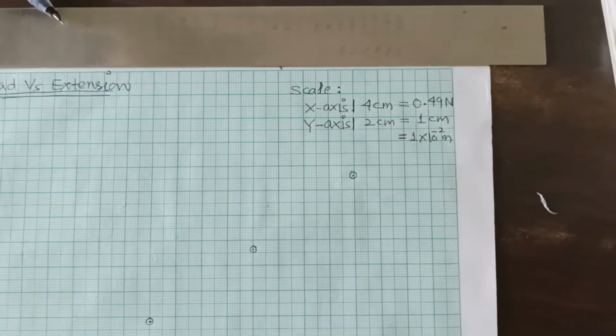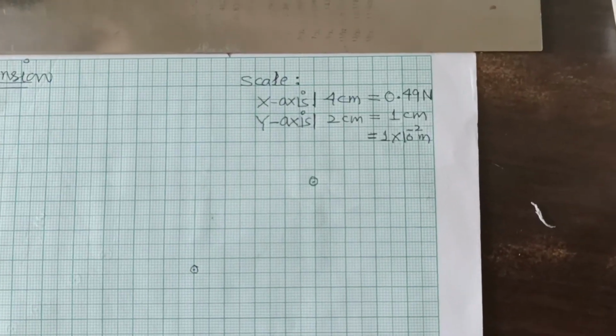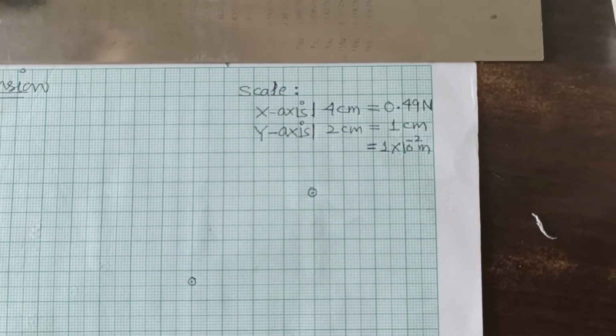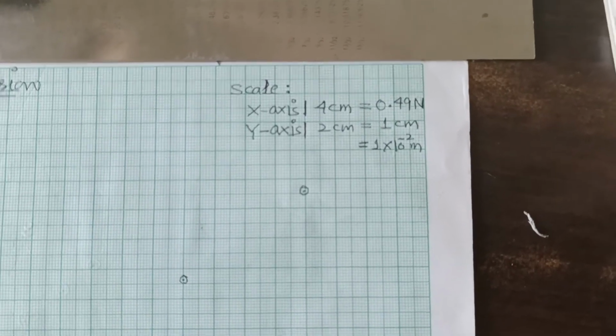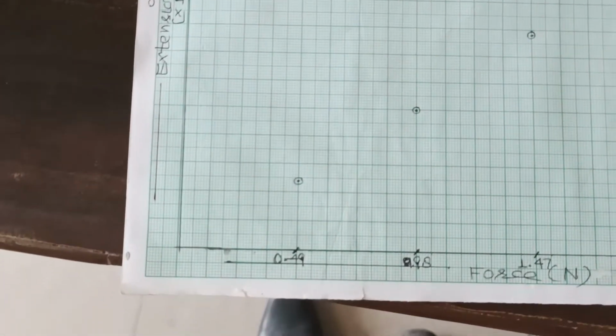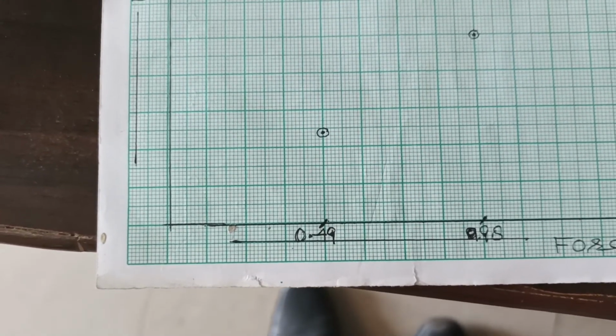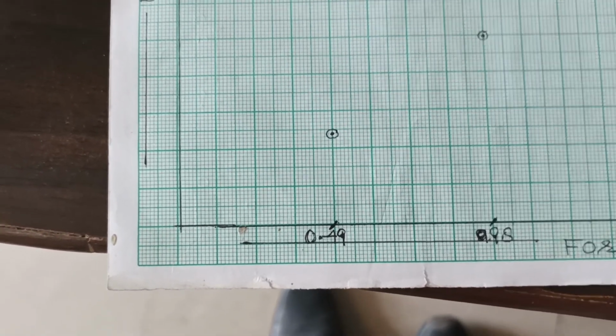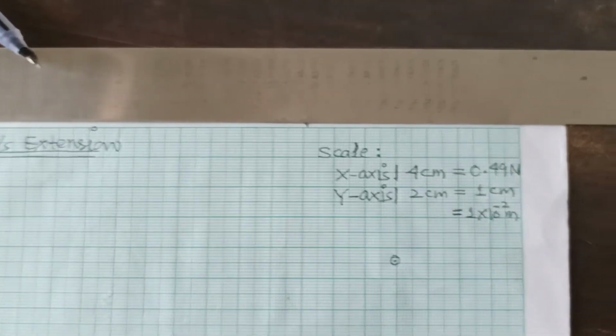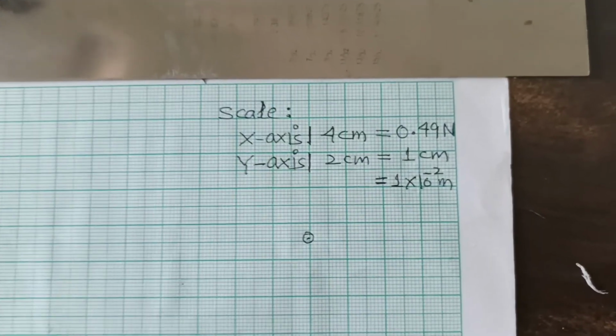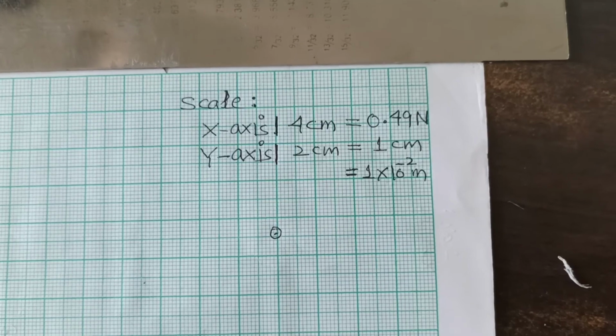You can see that the scale chosen on the x-axis is 4 centimeter equal to 0.49 Newton. So here you can see these 4 centimeters are taken as 0.49 Newton, and on the y-axis you can see that 2 centimeter was taken as 1 centimeter.